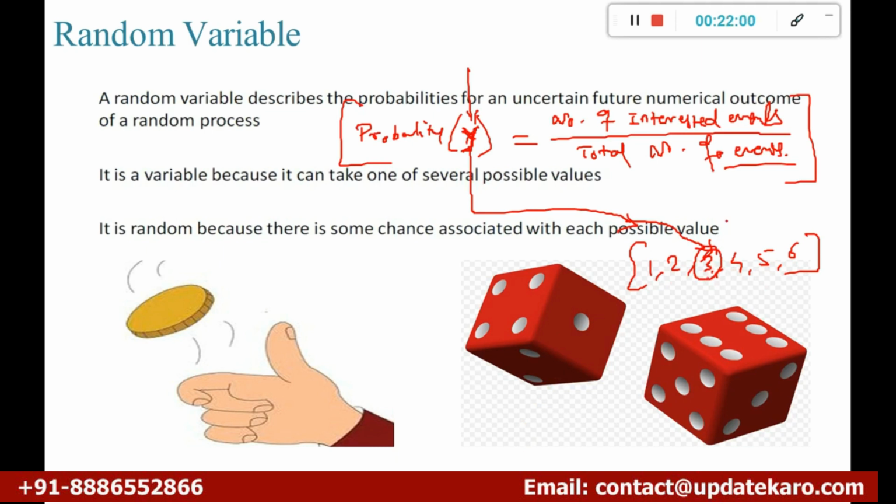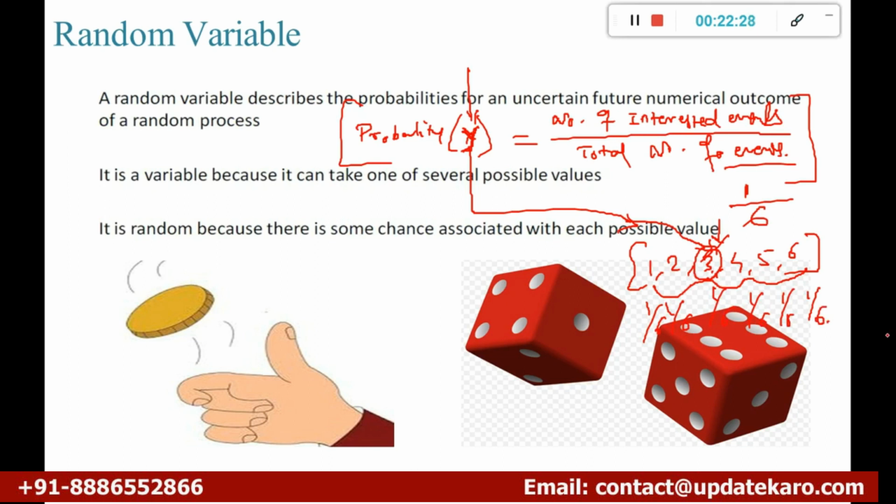So I am interested in only one event, that is getting 3. But how many events are possible? Whenever I roll a die, there are these 6 possibilities available. So 1 divided by 6, and that is why every number will have 1 by 6 probability associated with it.